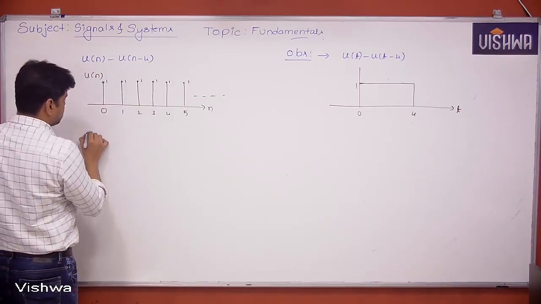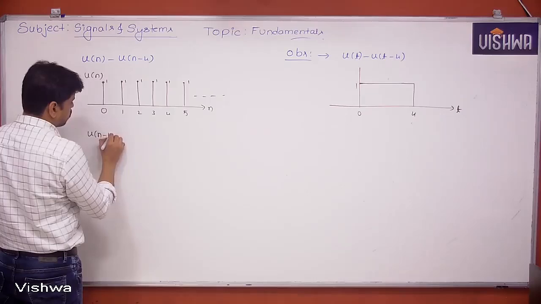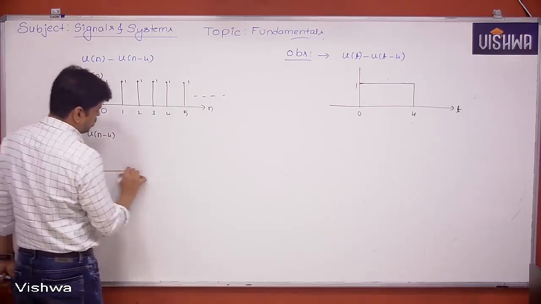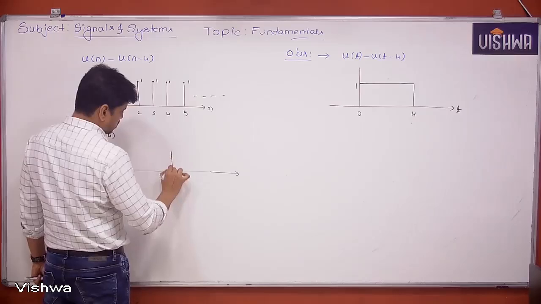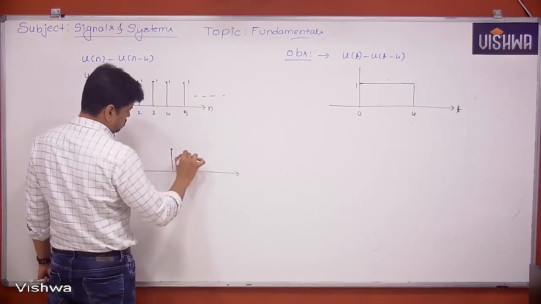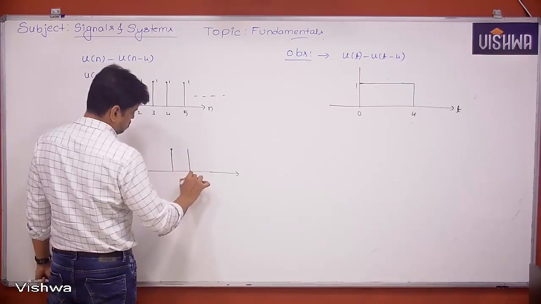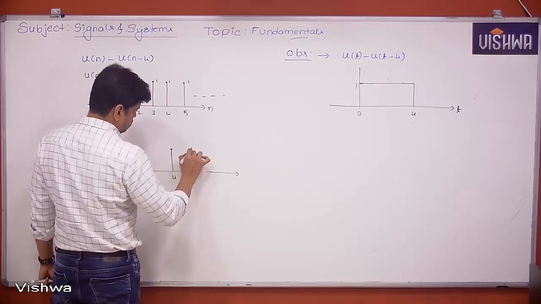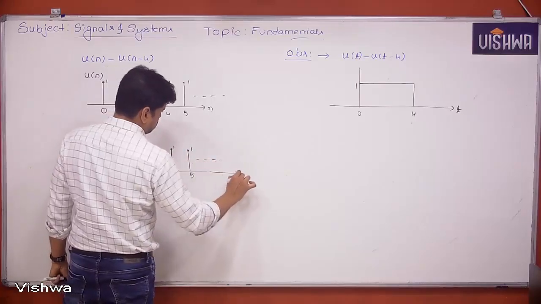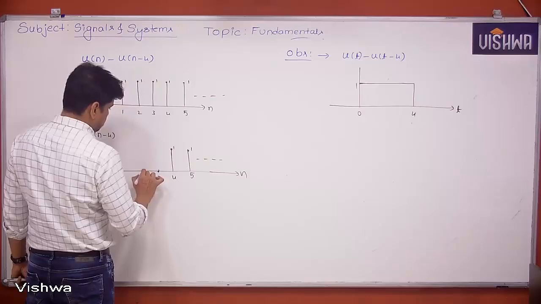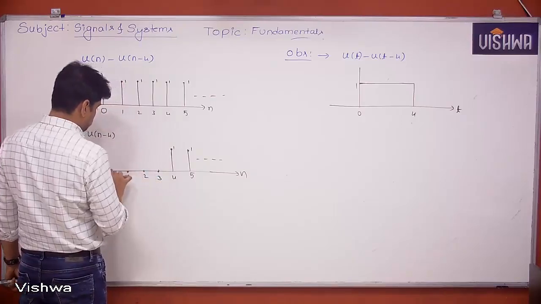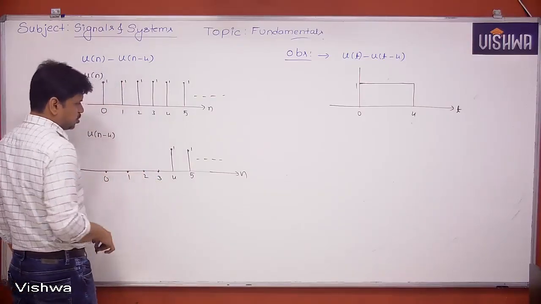If I draw u(n minus 4), that means we have to shift it. From 4 onwards it will start, and the remaining values at 3, 2, 1, 0 are 0.